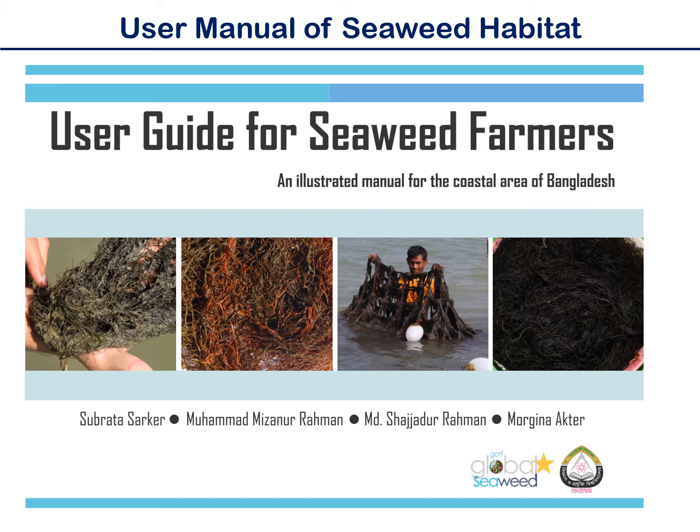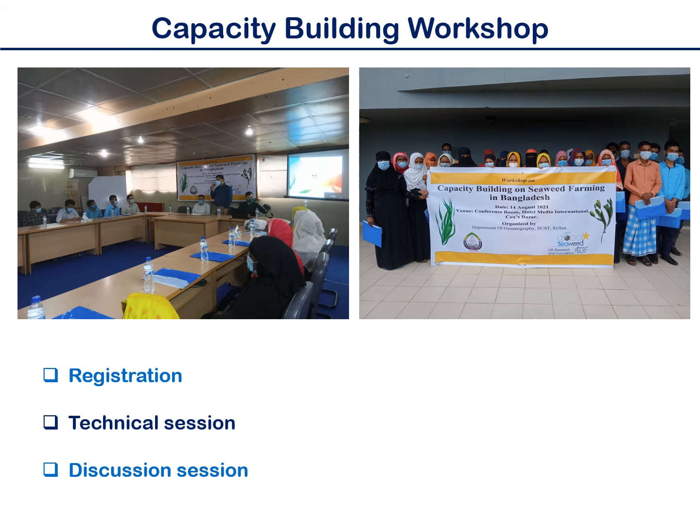In this manual we provided information on seaweed farming methods, seaweed disease, how to monitor disease, how to monitor environmental conditions, how to ensure food security, and of course how to use the suitability map that we developed in this project.